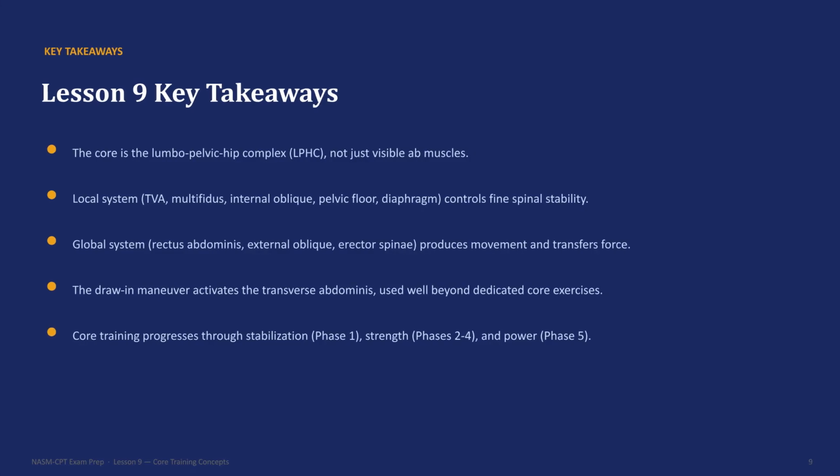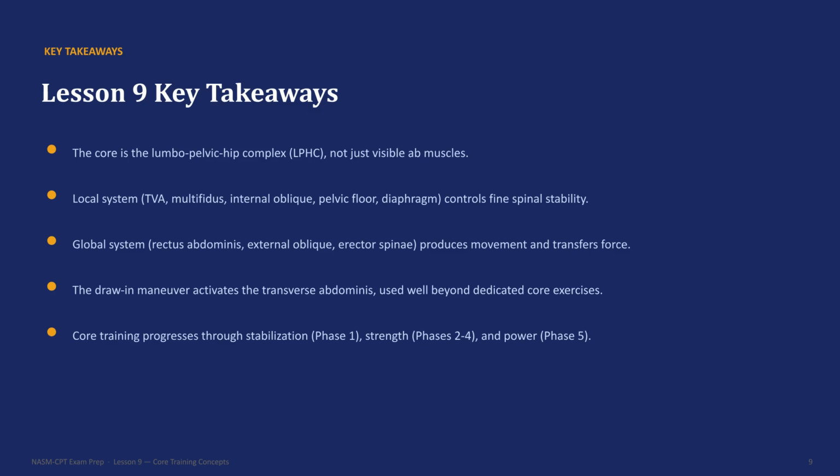Let's bring it all together. The core is the lumbo-pelvic-hip complex, not just visible ab muscles. The local system, transverse abdominis, multifidus, internal oblique, pelvic floor, diaphragm, controls fine spinal stability. The global system, rectus abdominis, external oblique, erector spinae, produces movement and transfers force.